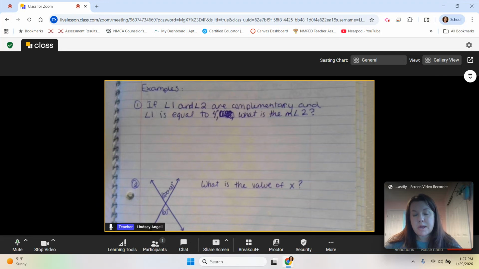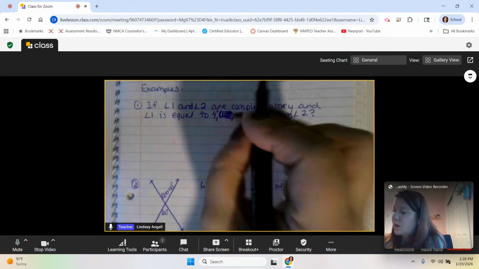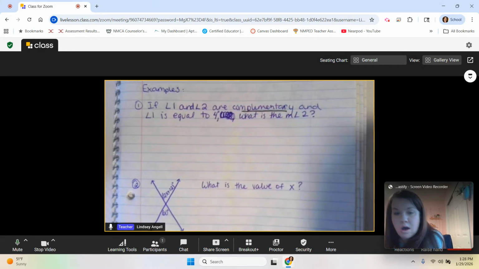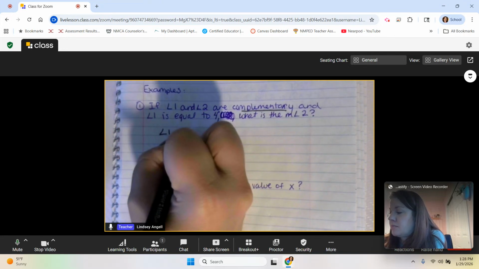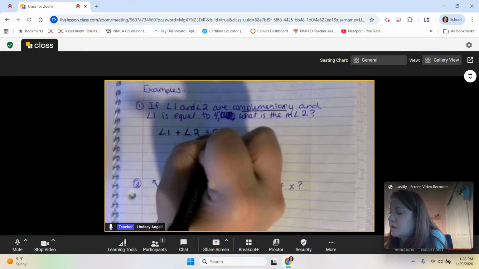So for number 1, if angle 1 and angle 2 are complementary, there's a clue, and angle 1 is equal to 4 degrees, what is the measure of angle 2? Well, we got to think about, all right, complementary, that means they add up to 90. So we could say angle 1 plus angle 2 equals 90 degrees.